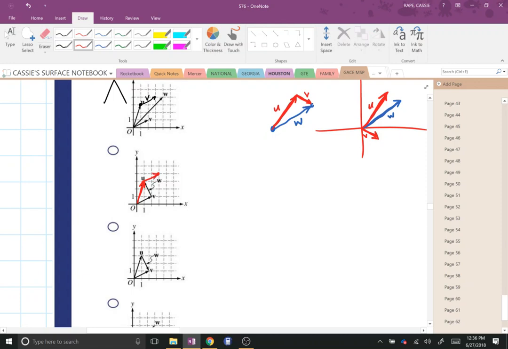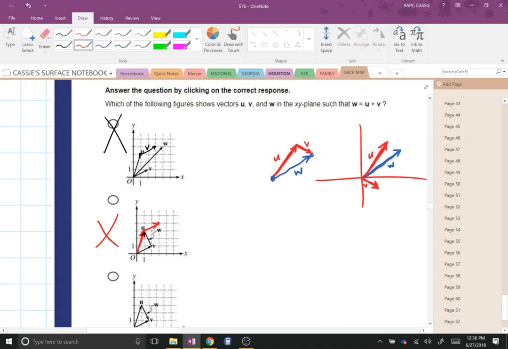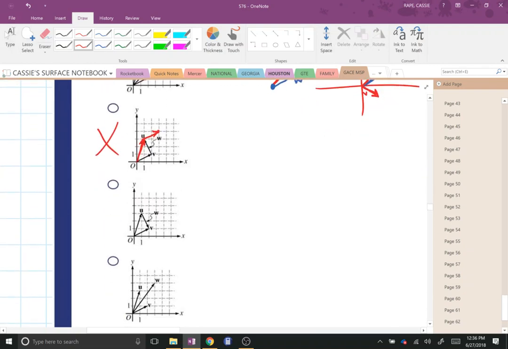Is there any way that w is the sum of those two moves? No, it's not. W is going totally the wrong direction. If you started w where you started u, it would be like right there. So that is not the sum of u and v.